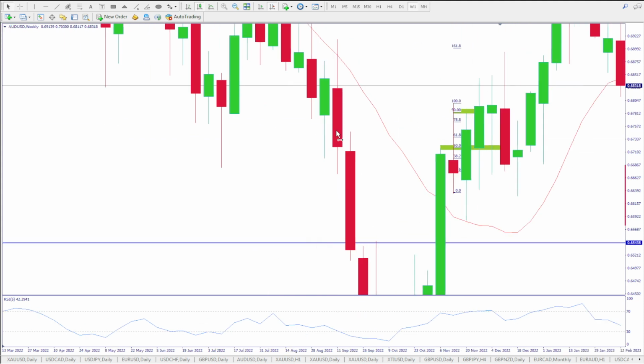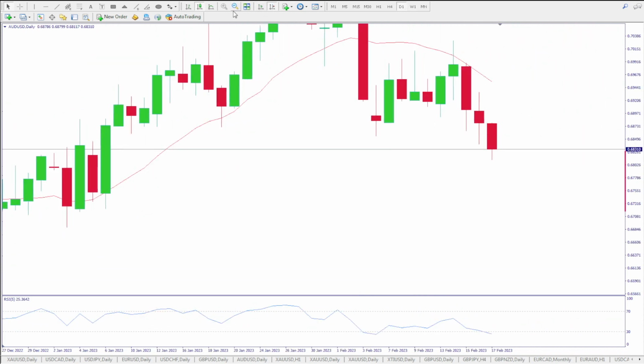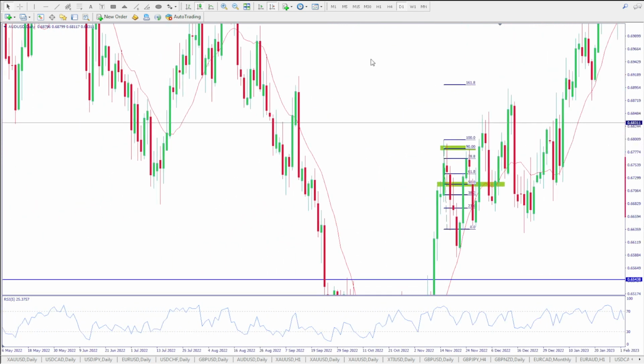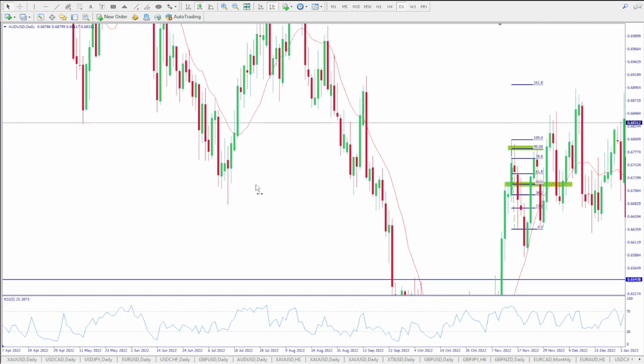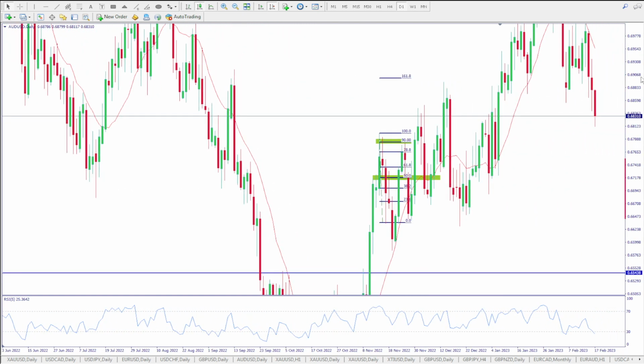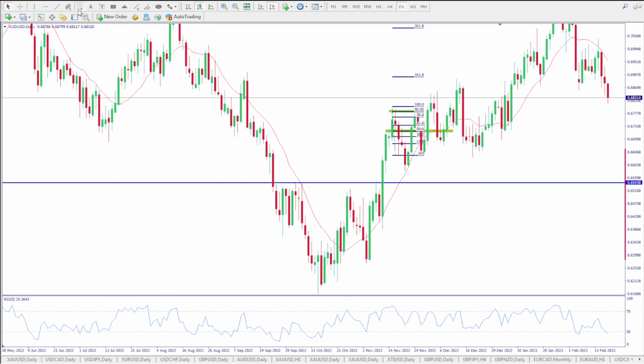So what was so special about this level? Let's see that on the daily, because this is Forex, we have to find out levels. Okay, so this was the whole story.